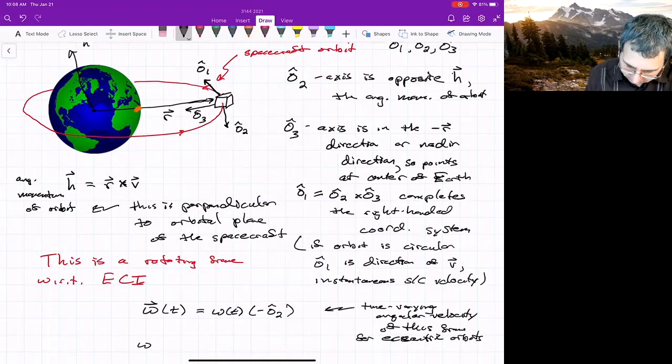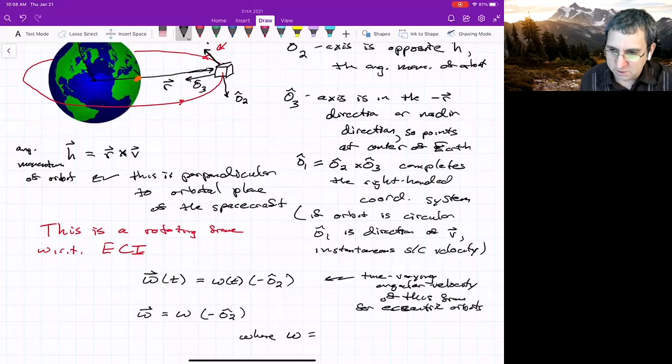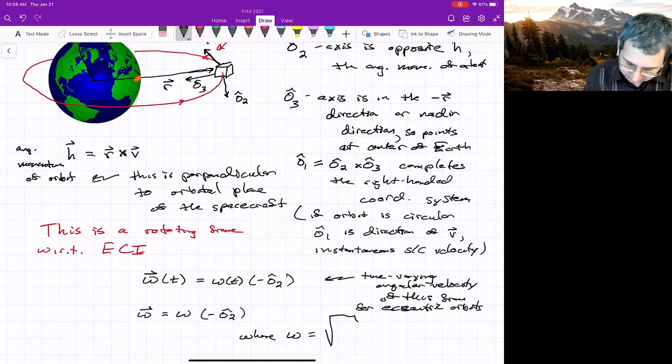For circular orbits, this will not be time varying. It doesn't have time dependence. So the angular velocity of the orbit, you can calculate it, for circular orbits.